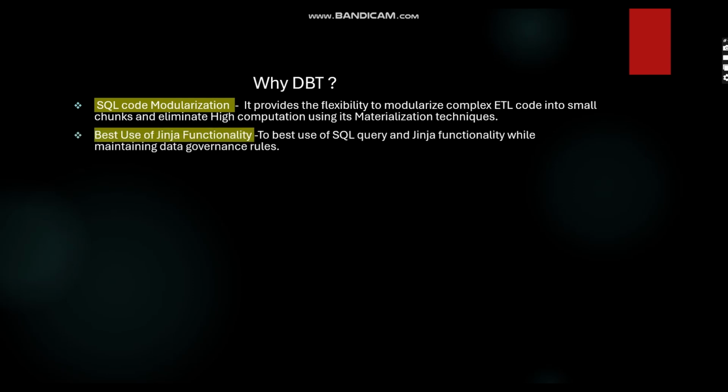And the best use is of the Jinja functionality. Development, and especially testing and documentation, are all interrelated through Jinja, so it makes maximum use of Jinja functionality, and the developer can feel he is doing the right thing and make sure errors are not coming.